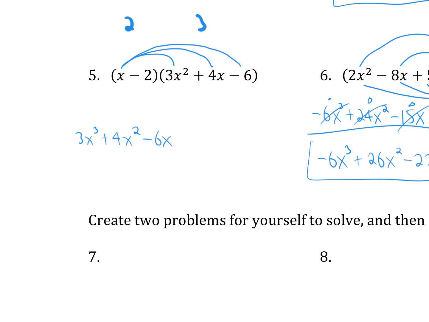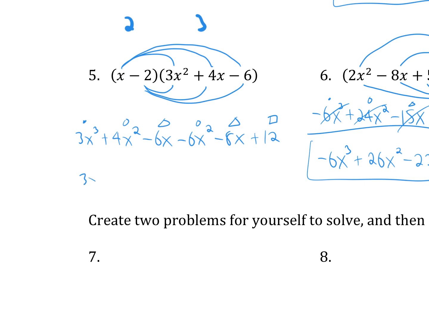Now we go underneath. We do negative 2 times 3x squared is going to be negative 6x squared. Negative 2 times 4x is going to be minus 8x. And negative 2 times negative 6 is going to be plus 12. All right, like terms: x to the third by itself, x squared, x, and then the 12.